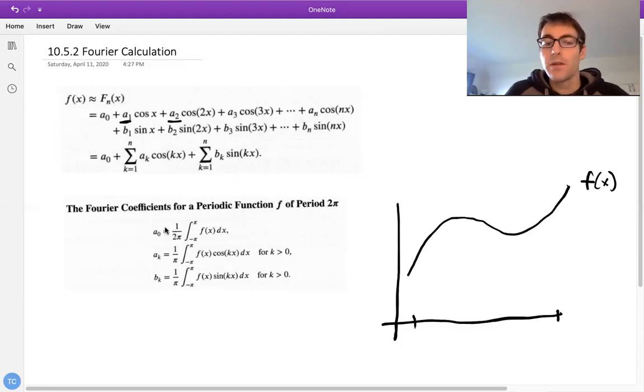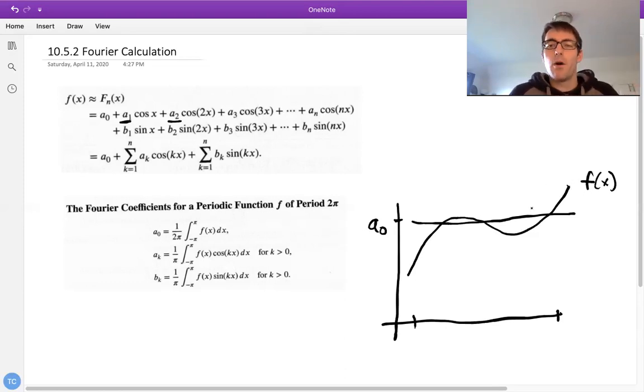So what this formula is saying is, if we integrate between negative pi and pi and divide by the length of it, that's going to tell us the average value. So pictorially, our a0 is this middle value of f of x. Okay, so that's the constant term.